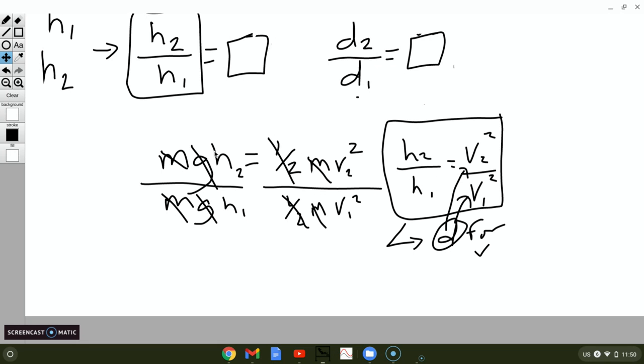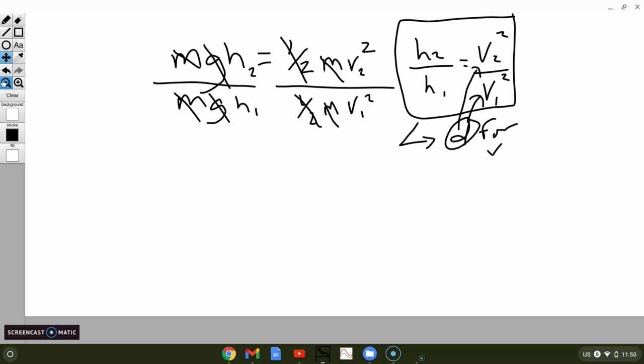So what you see here is that these two things are proportional to each other this way. And so when you take h2 over h1, and let's say that this is 2 times bigger, so you get 2, right?